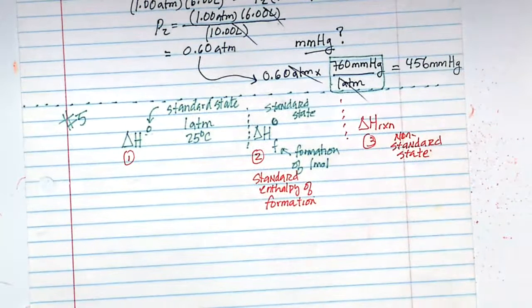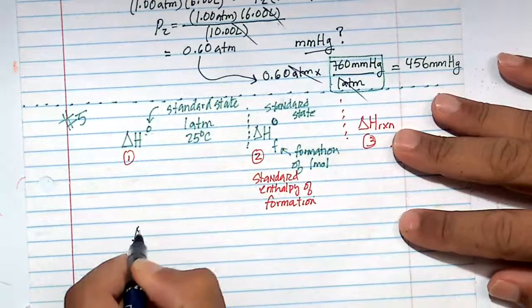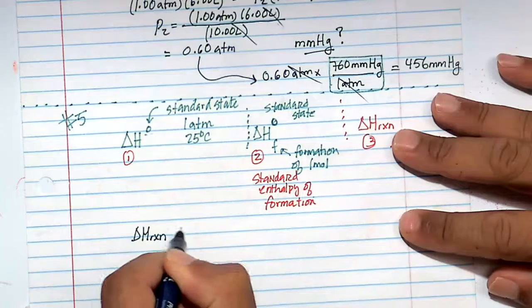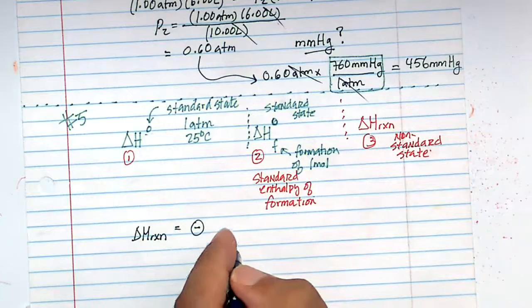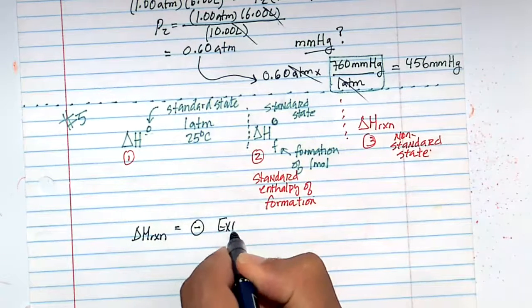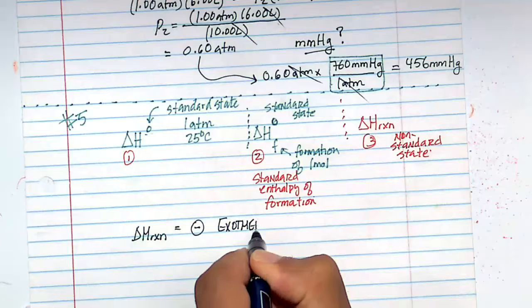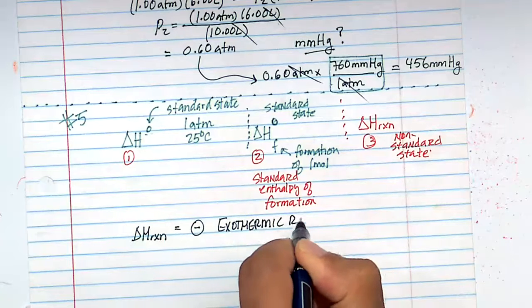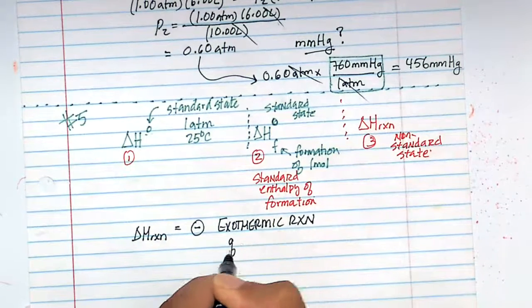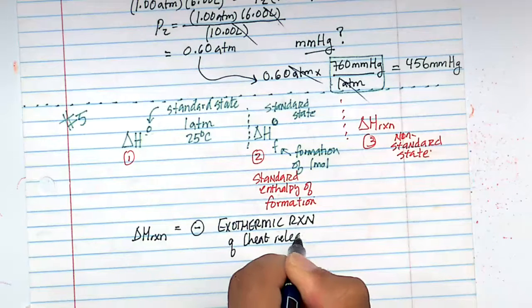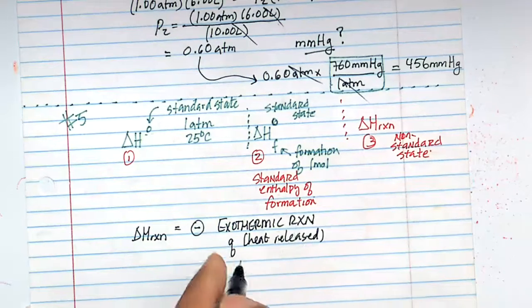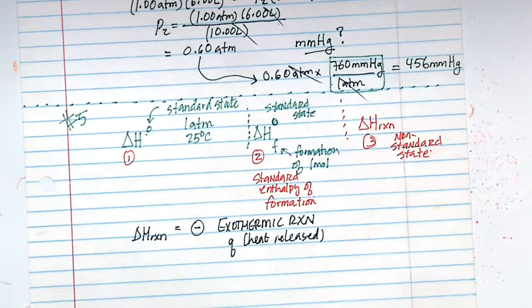I mentioned this, I'll mention it again, but a little quickly. If delta H of the reaction is negative, this is called an exothermic reaction. Heat Q is released. If heat Q is released, it means heat is on the product side.